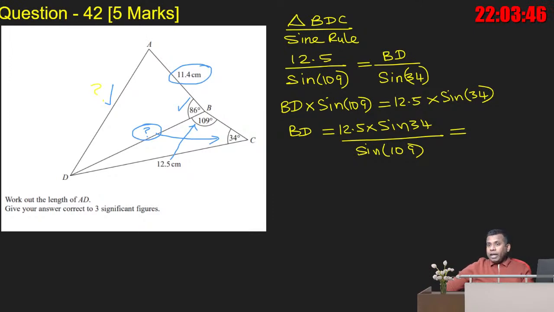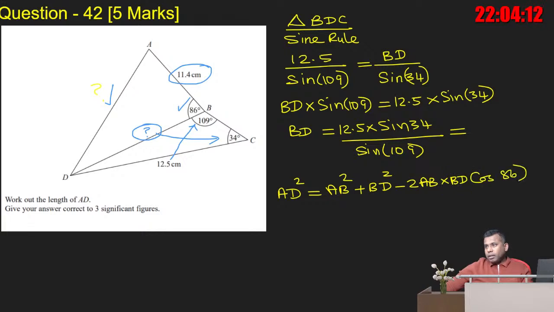So now after finding the BD, the question is all about AD. So AD squared equals AB squared plus BD squared minus 2 times AB times BD cosine 86.